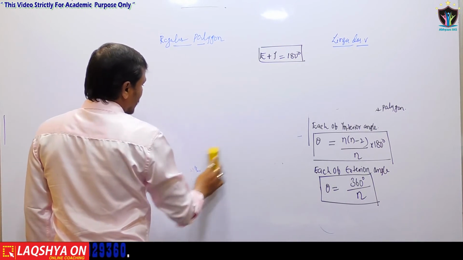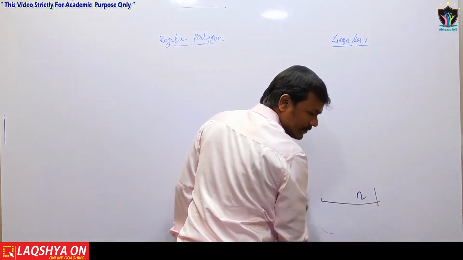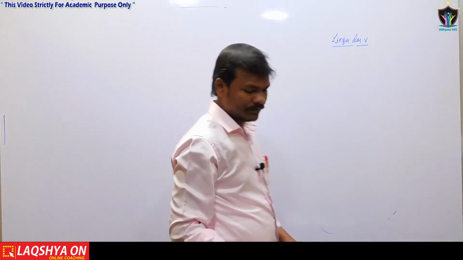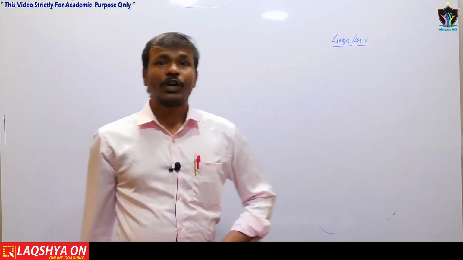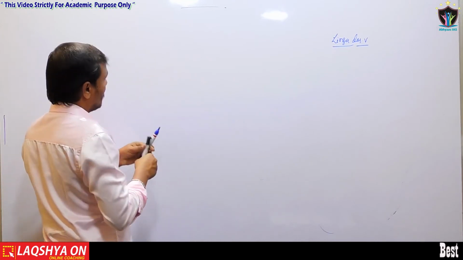Next thing, in polygons, the properties of quadrilaterals are very important. Quadrilateral.